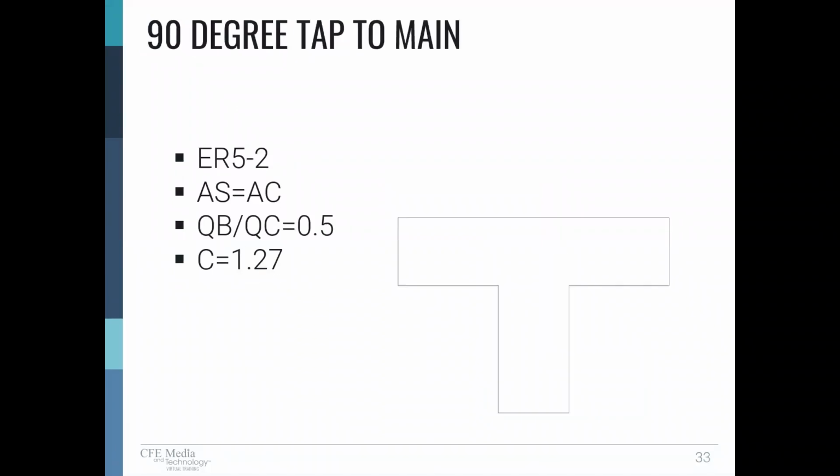Now, this is a really common connection of a round duct coming off a trunk duct. This is ASHRAE ER5-2. These are the ratios that I use, the AS equal AC and the QB divided by QC is 0.5.